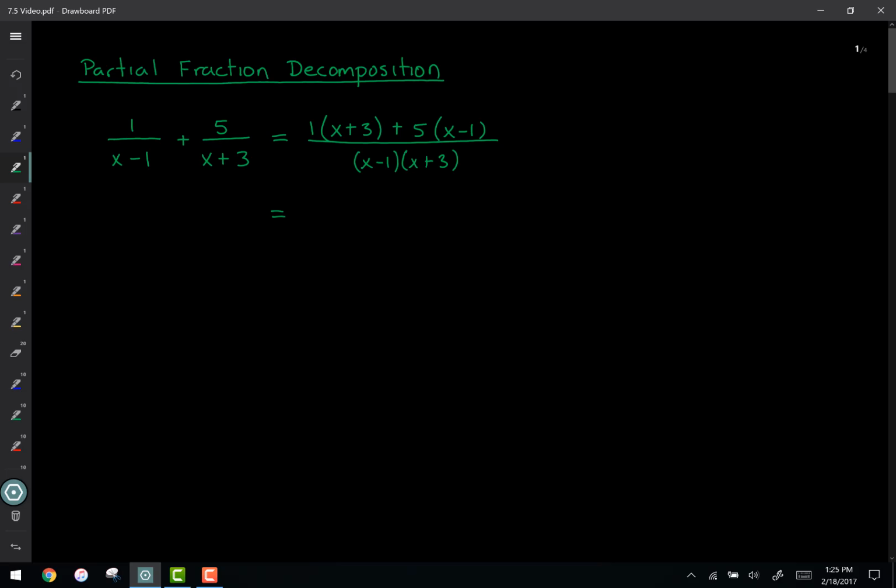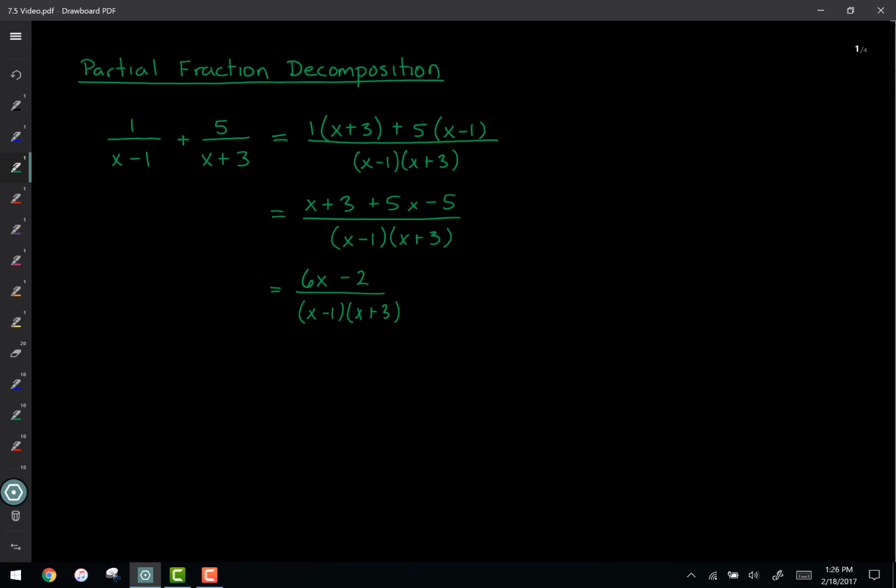Well, the 1 doesn't really do anything, so we're going to have x plus 3 plus 5x minus 5 over x minus 1 times x plus 3. And combine any like terms. So I have 6x minus 2 over x minus 1 times x plus 3. This is not what we're going to be doing. We're going to be doing the reverse direction.